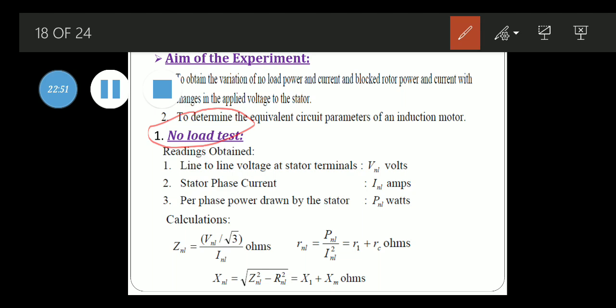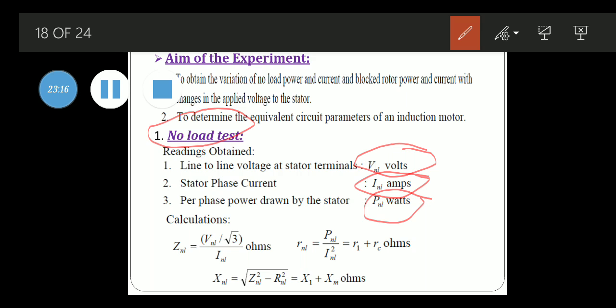That is the line to line voltage at the stator terminal, represented as V suffix NL in volts. Then the stator phase current, represented as I suffix NL in amperes. Then the per phase power drawn by the stator, that is PNL, the no load power in watts.